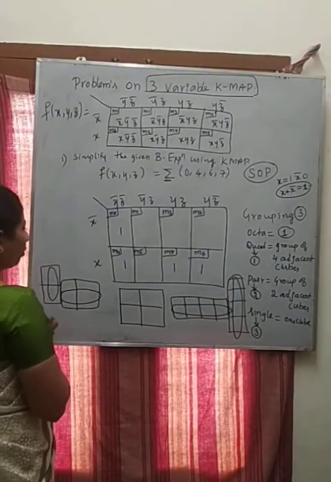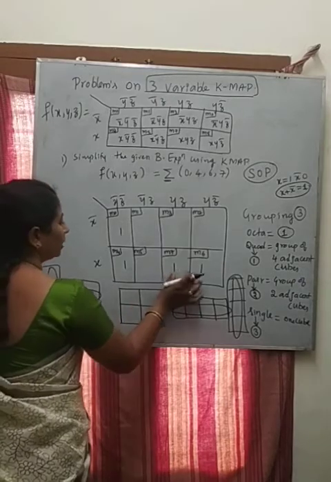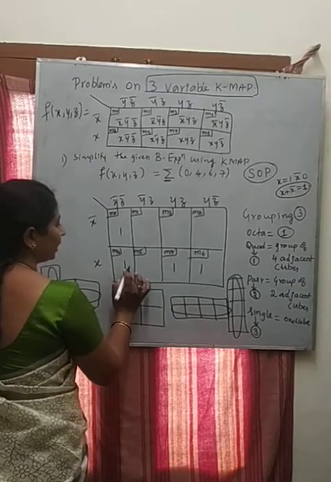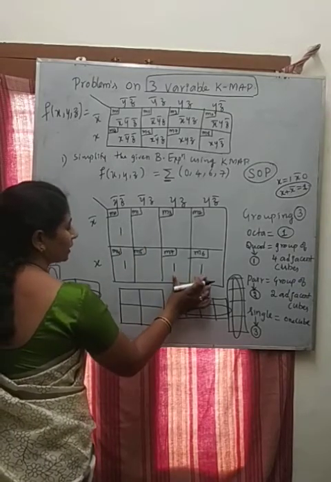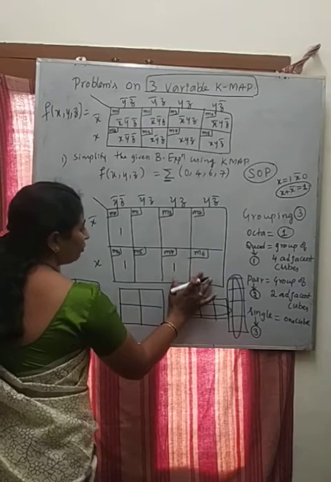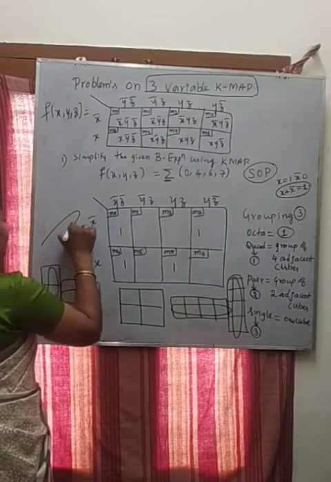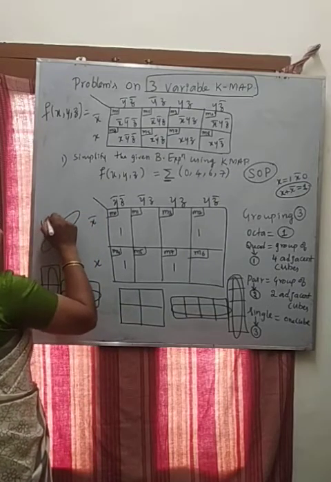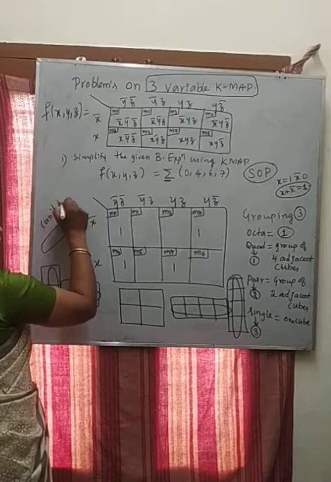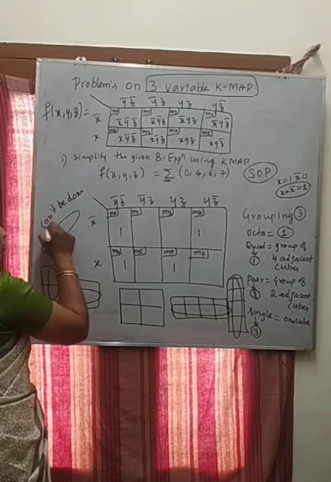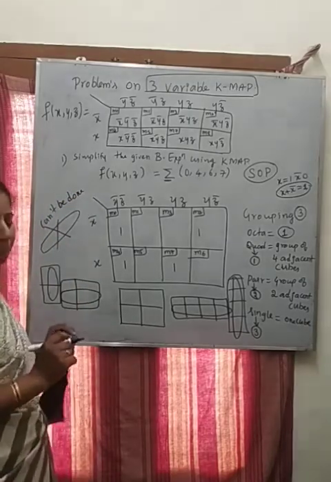Here in this problem, we have taken only the pair. See, these two are adjacent cells, these two are adjacent cells. Diagonally cannot be done, and we should not do diagonal pairing.